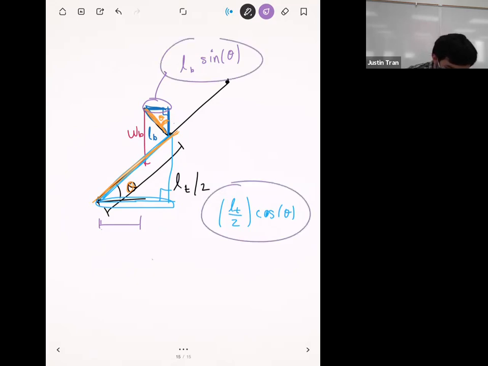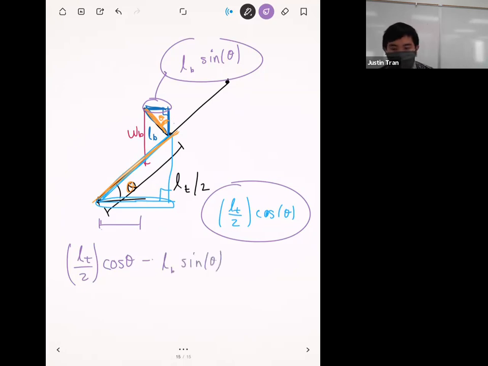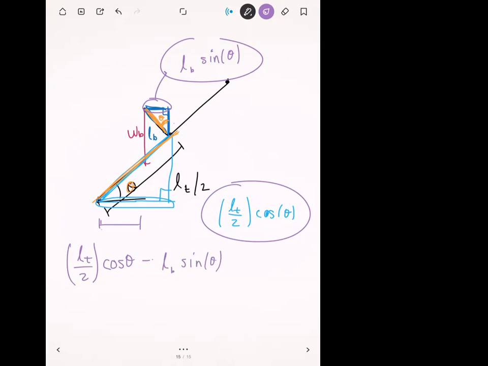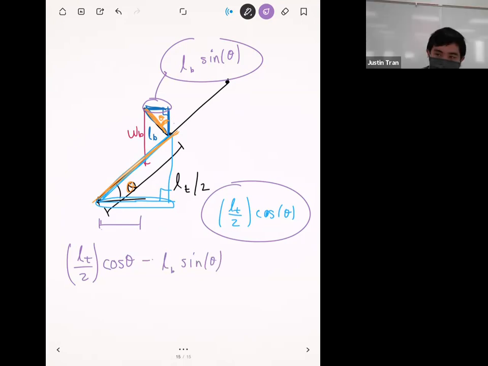So we have LT divided by 2 times cosine theta, minus LB sine theta. Depending on what the angle theta is, you're going to get either a positive or a negative number for this. If you get a positive number, that means the moment of the backpack is going to be on the right of the hip joint. Okay.